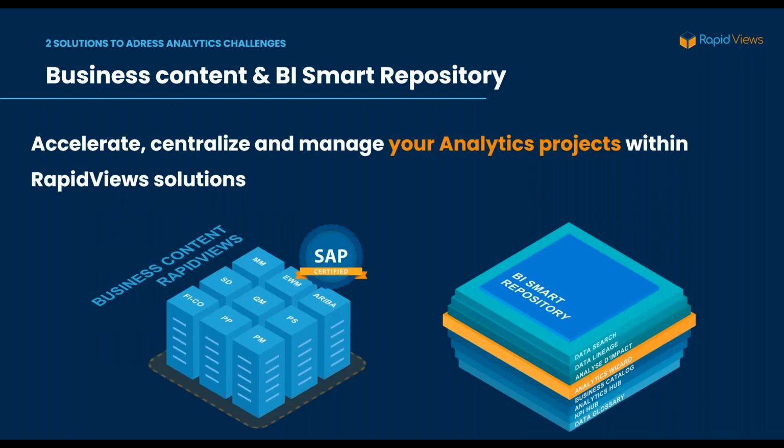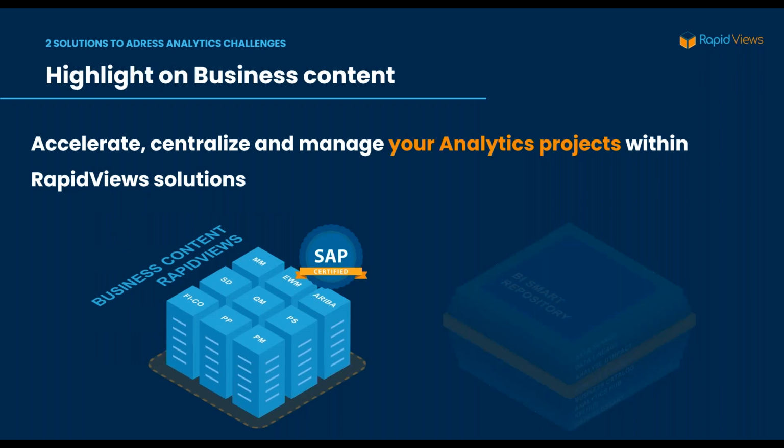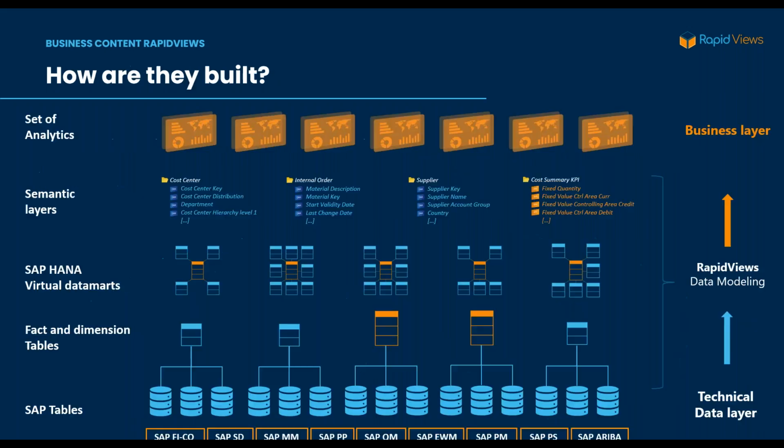Rapid Use global offer. Rapid Use contains 2 products: the business content and the BI Smart repository. The first product, the business content, helps customers accelerate the deployment of analytics in their environment. If I focus on this content, how is it built?